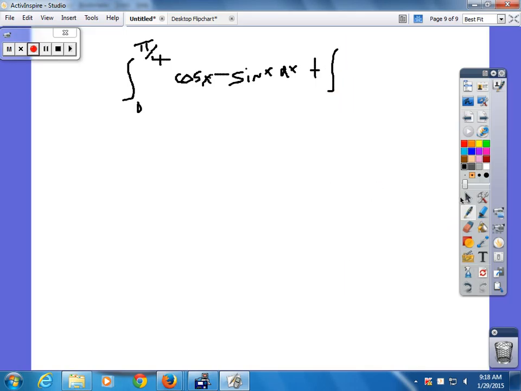Pi over 4 to pi over 2. And that's going to be sine minus cosine.